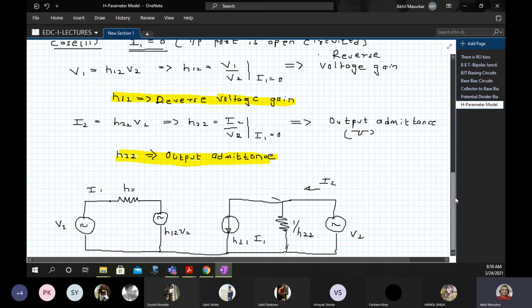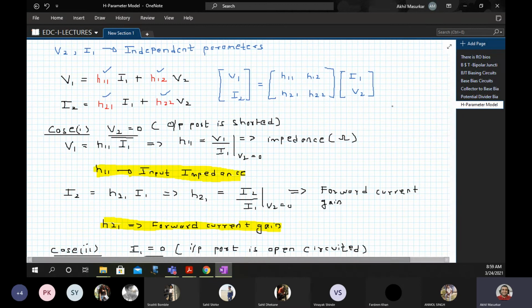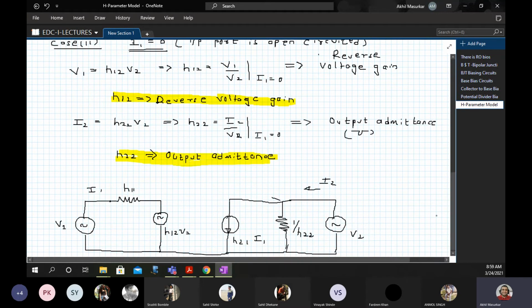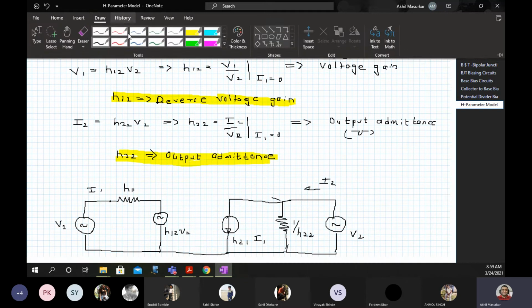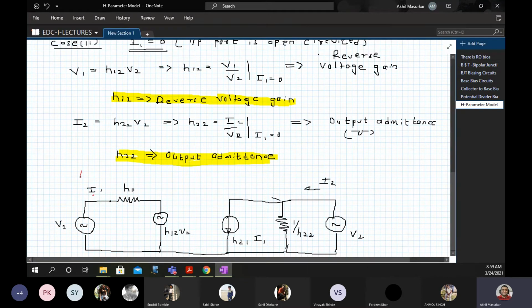If you just carefully see here, the first equation is V1 is equal to H11 I1 plus H12 V2. So if you apply KVL on the input side, we get this circuit.